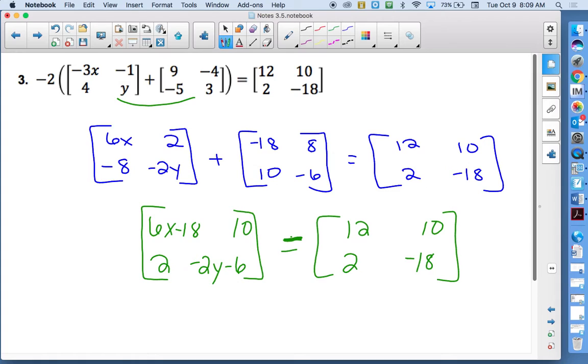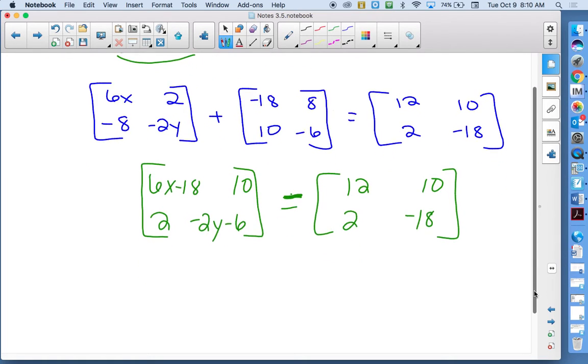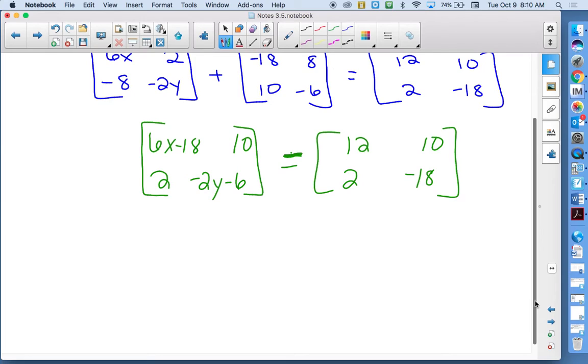So you can add things together and then multiply by negative 2, or multiply by negative 2 and then add, and you would get the same exact answer either way. So then the last step would be to solve for x and y, matching the elements up.